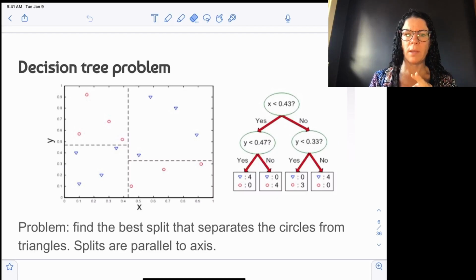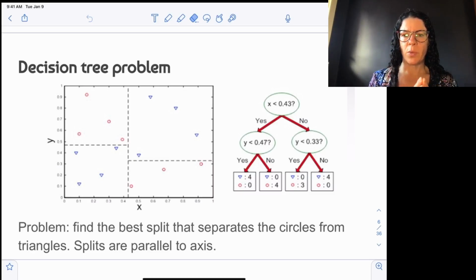The way we think about splitting is with lines parallel to the axis. So we consider splits such that one of the variables is less than a particular value, or larger.